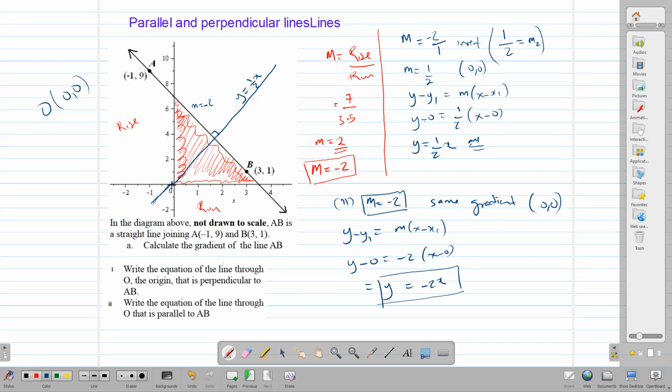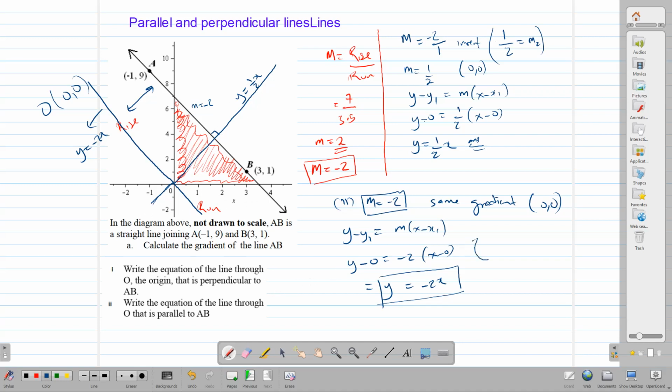And if you sketch that line as well, it is going to look something like this, where this has the equation y equal negative 2x. It is parallel to this line AB and perpendicular to the line y equal half x.